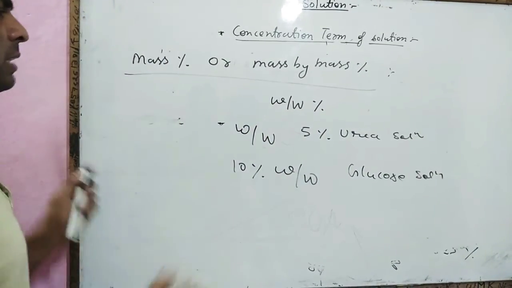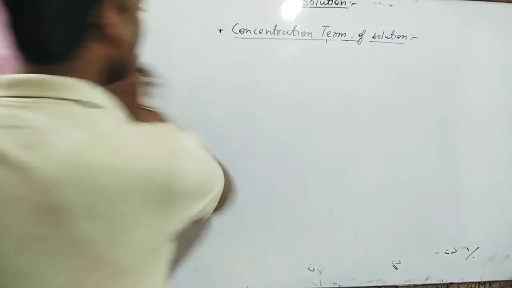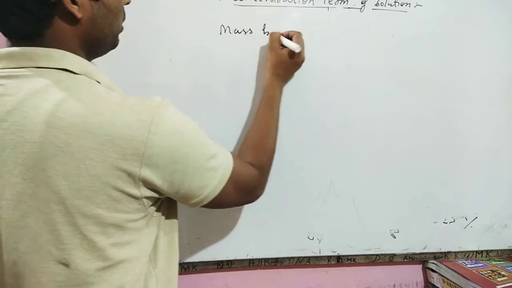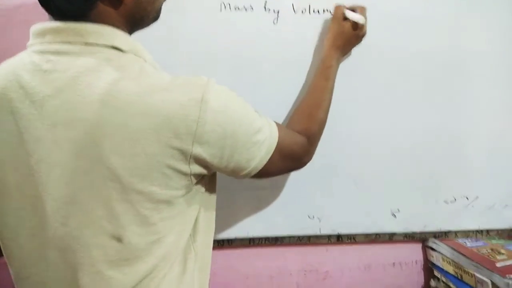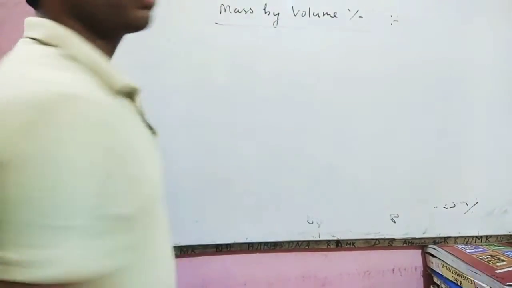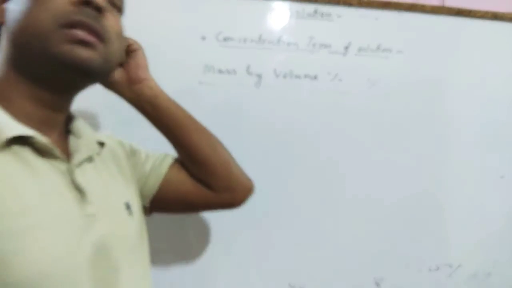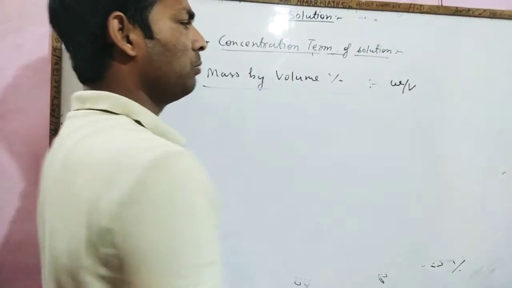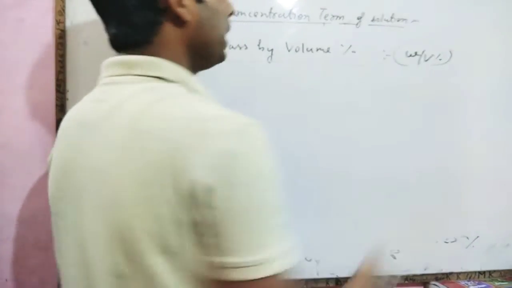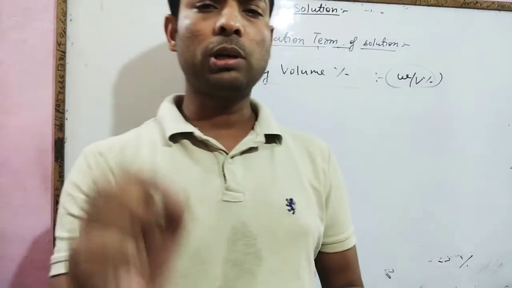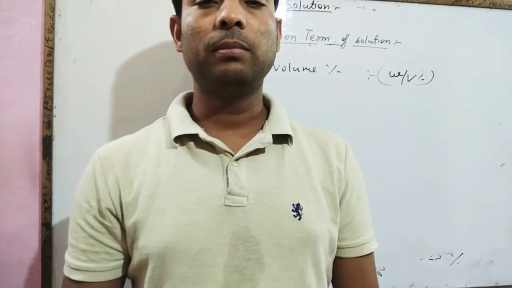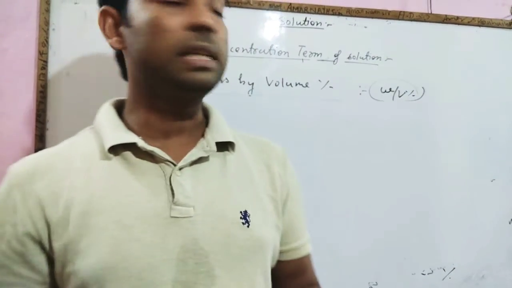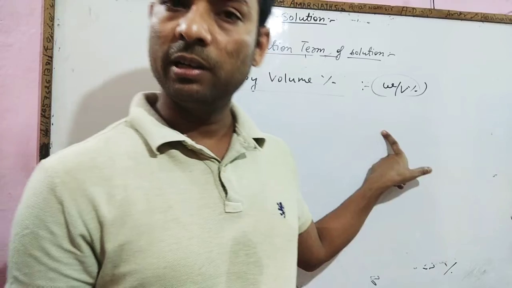Now the second is the mass by volume percentage. It is generally represented by W by V, because W means mass and V is the volume of solution. We can easily define it: the total amount of solute in grams present in 100 ml of solution is called mass by volume percentage.